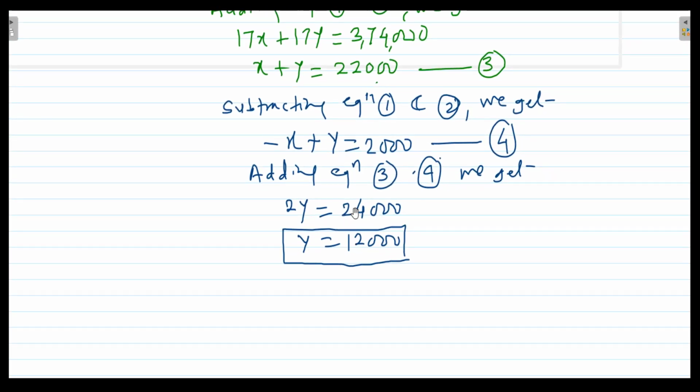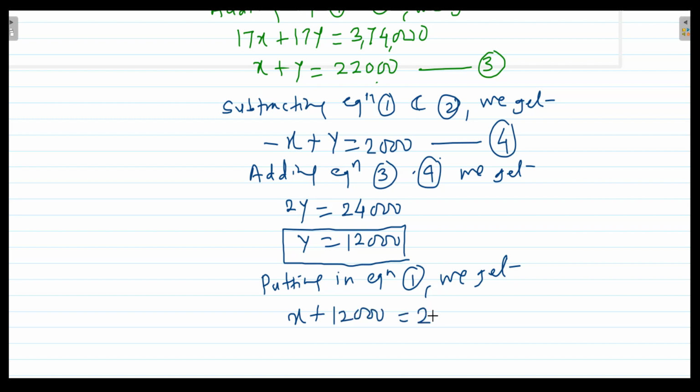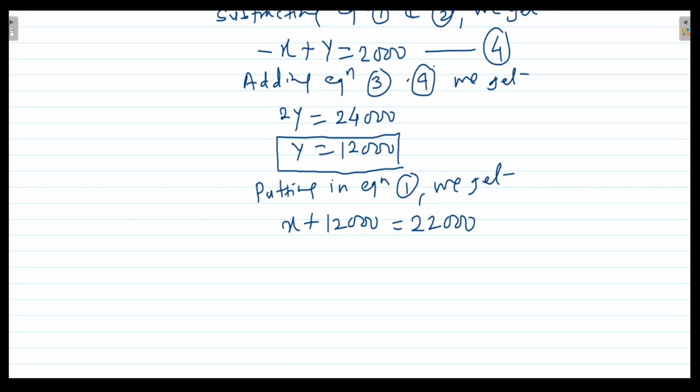Now put the value of y in equation number 1. Here we put 12,000, so x plus 12,000 is equal to 22,000, and so x is equal to 22,000 minus 12,000, and so x will be equal to 10,000.